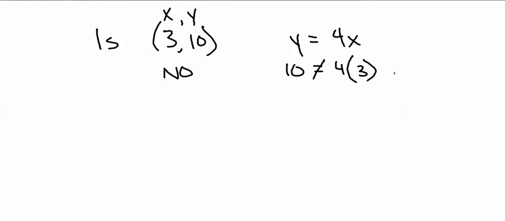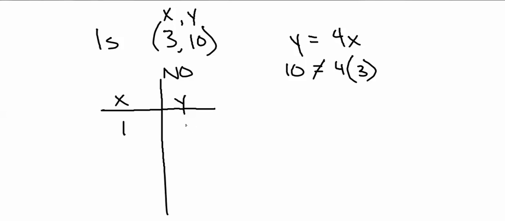Now, we didn't talk about it yesterday, but could you do a table of values for y equals 4x? Here's my x values, here's my y values. When I make x equal to 1, what does y equal? 4 times 1 is 4. When x is 2, what is y? When x is 3, what is y?